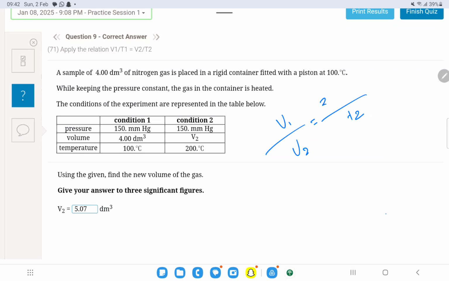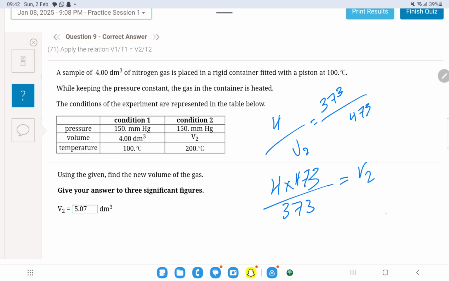100 plus 273 is equal to 373, and 200 plus 273 is equal to 473. Volume 1 is 4, volume 2 we want to find. So 4 times 473 over 373 equals V2.